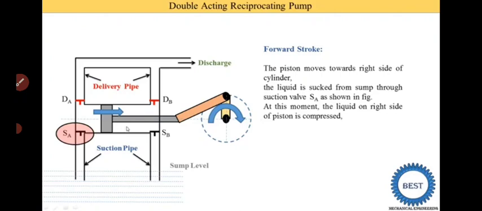Means on the right side, the water is already available. This water is compressed, its pressure is increased, and at that time delivery valve DB opens and the water is discharged through valve DB. So this happens in a forward stroke. On the left side suction takes place, on the right side delivery takes place.